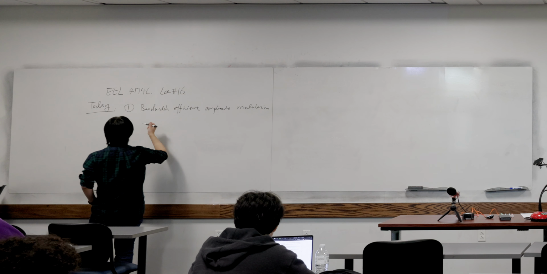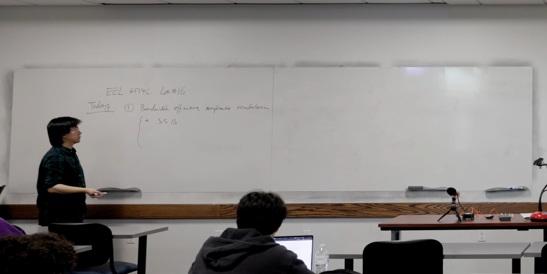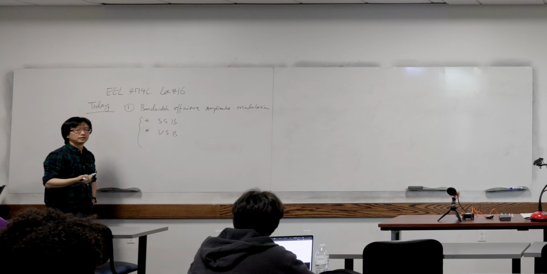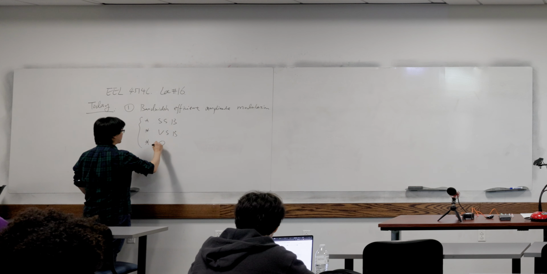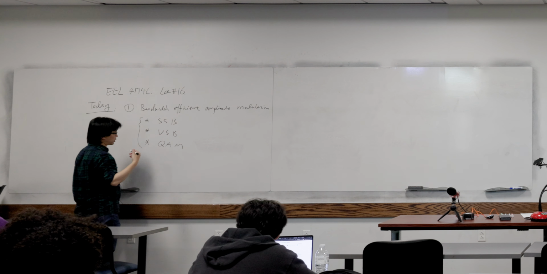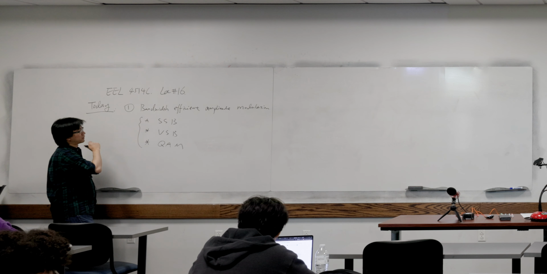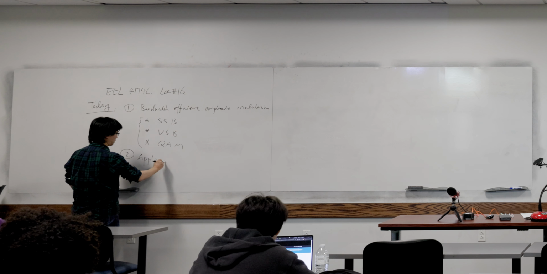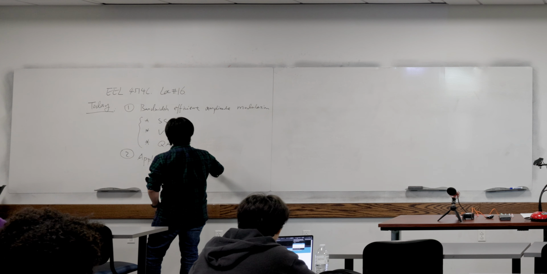The first one is SSB, single sideband modulation. The second is called VSB, vestigial sideband modulation. The last one is called QAM, quadrature amplitude modulation. Hopefully we can finish talking about these today, and then we'll talk a little bit about the applications of amplitude modulation.